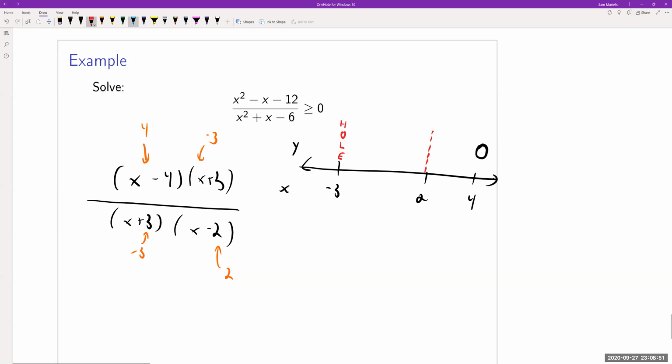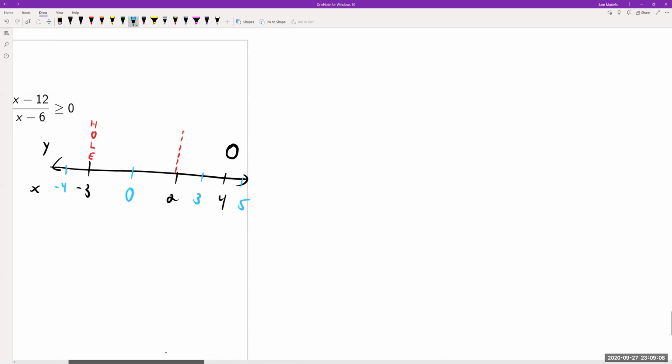From here, we'll just need to do test values again. So let's say negative 4, 0, 3, and 5, and we'll construct a sign chart. So let's go ahead and construct that chart over here.